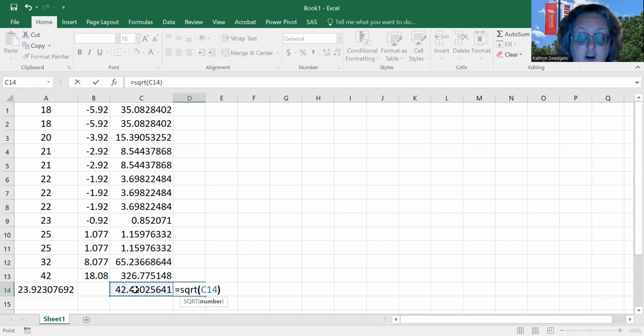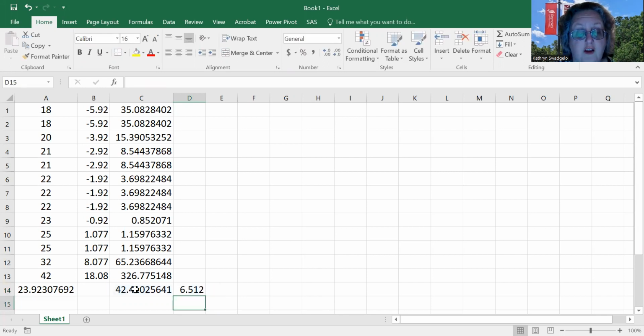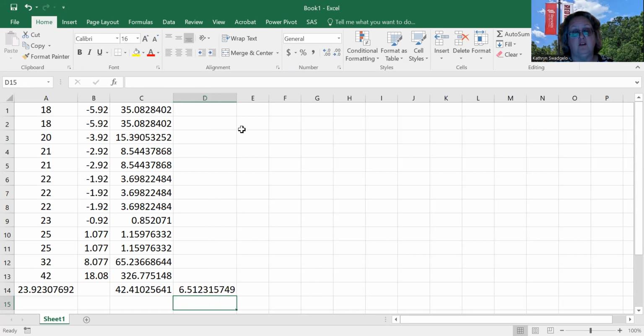And then I'm going to close the square root. So it's taking the square root of that number. And so now I have 6.512. And if I want that to be more accurate, I can make the cell wider with my double click. And approximately 6.5 years now is my standard deviation.